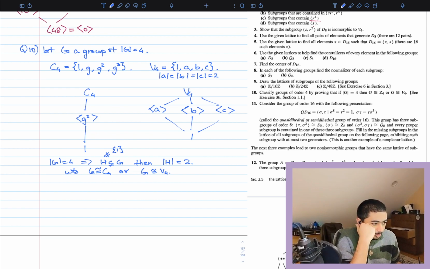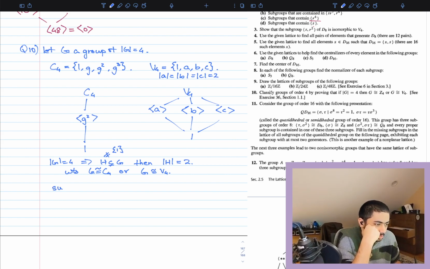I always say this, whenever we want to prove an OR statement, one way of doing it is to suppose that one of them is not true and use that to prove the other one true. So if this can't happen, then this is the only other possibility. That's equivalent to just proving the OR statement, right?